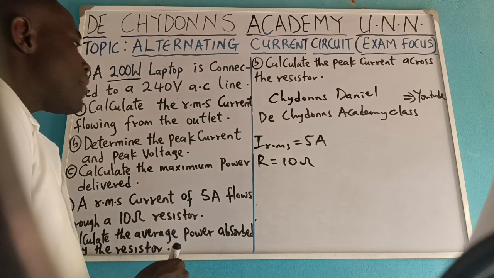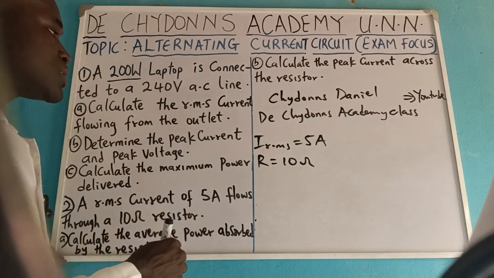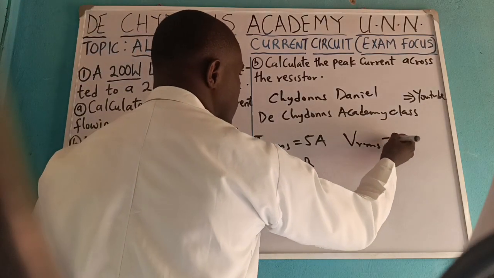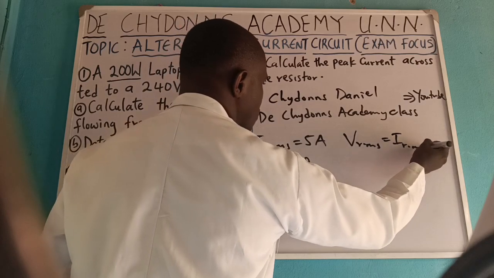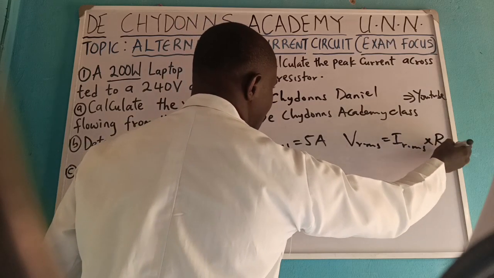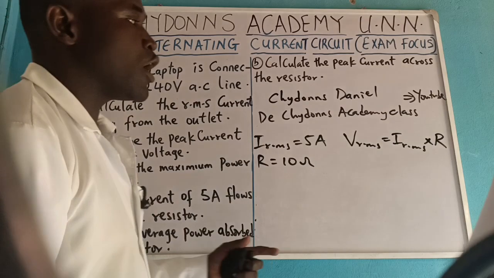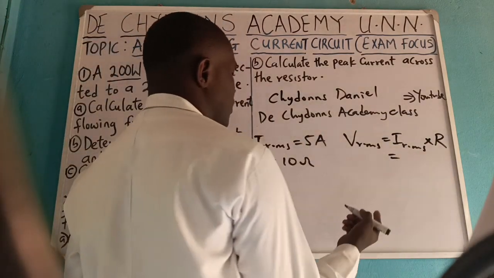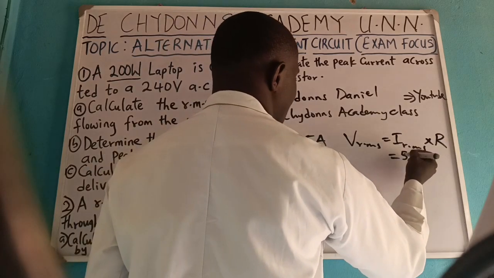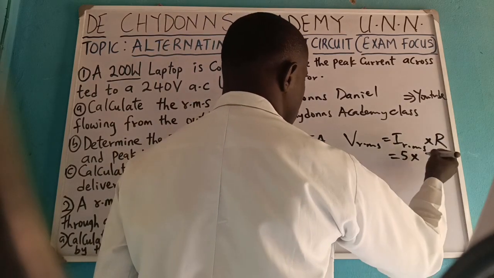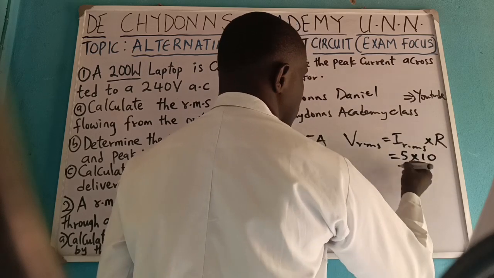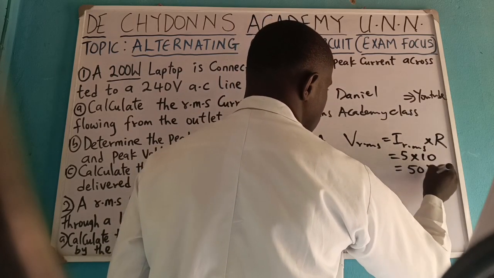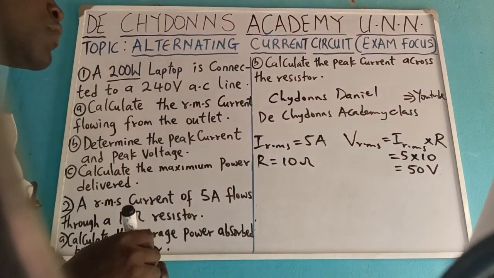If we want to solve this, we remember that V root mean square is equal to I root mean square times R, from V equals IR. Then our V is equal to 5 times 10 equals 50 volts.